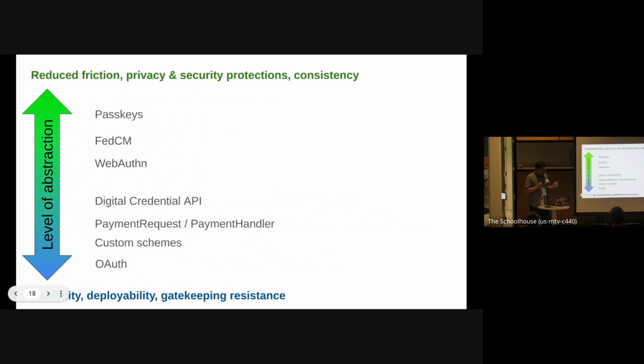But we're seeing the challenges of the different extremes, right? Passkeys can be great for this common, simple use case, but it's not very flexible. There's lots of things you might want to do with passkeys that you can't do. So we can move further down and get more custom, but down at the bottom, there's OAuth, which can do whatever the heck you want, but by not having any support in the browser, you have less ability for the browser to help with security and privacy protections and whatnot.